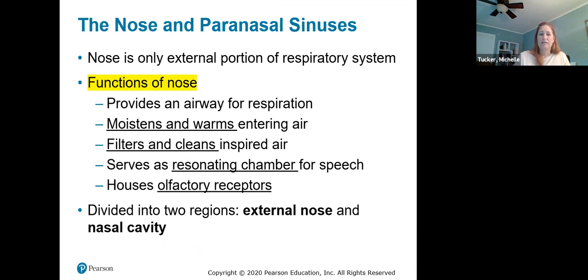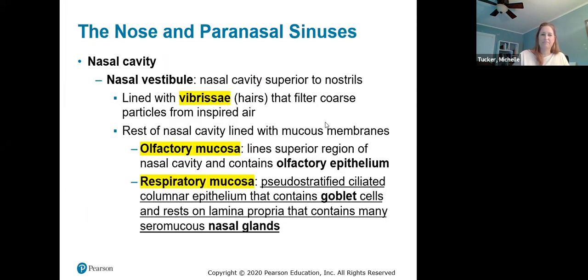The functions of the nose are to moisten and warm air, filter and clean inspired air, serve as a resonating chamber for speech, and house olfactory receptors.